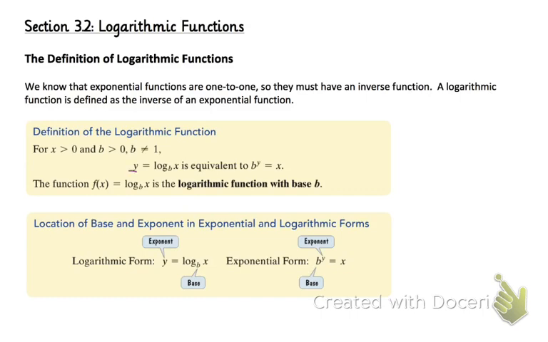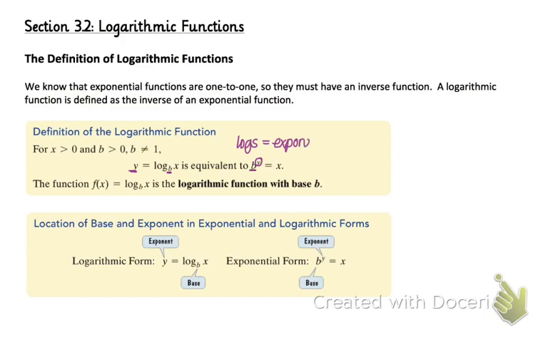Now I want you to look at how this is set up. So the logarithm was equal to y, and y now becomes the exponent over here. The base of the log is also the base of the exponential. So that is exactly how I remember to rewrite these. This used to take me a really long time to grasp. And so the one thing that I've come up with that is really helpful to remember is this idea that logs equal exponents.